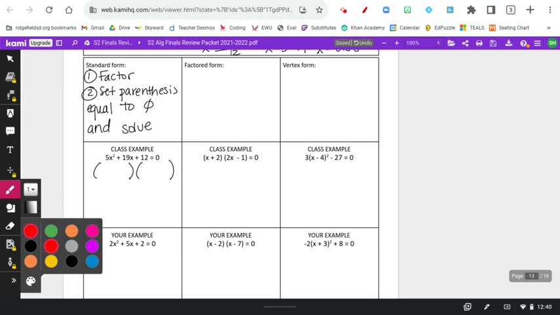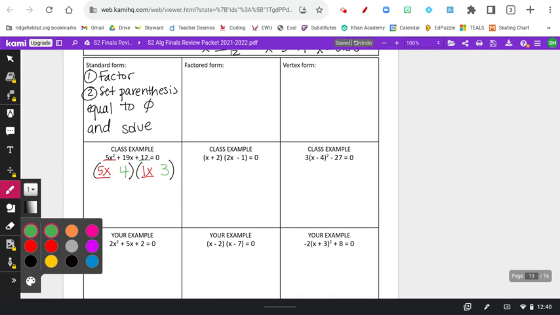My first number is going to be decided by 5x squared. What makes 5x squared? That's 5x and 1x. My next is decided by what makes 12, and this is 3 times 4 is one of the combos.